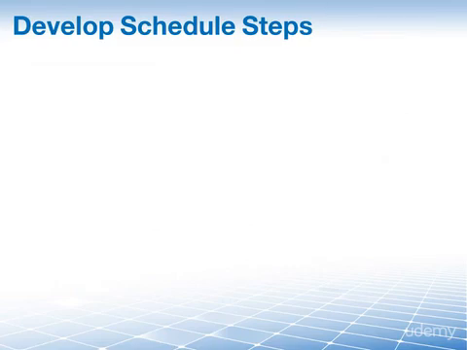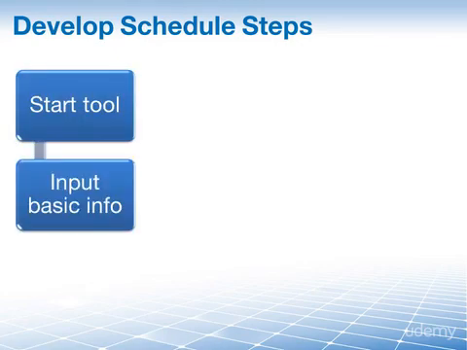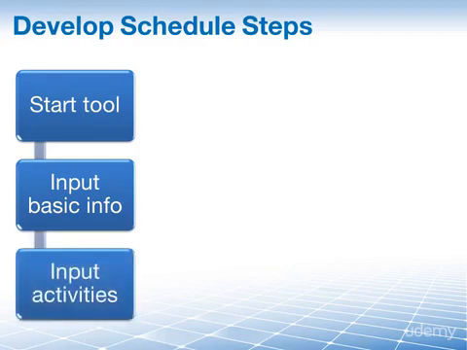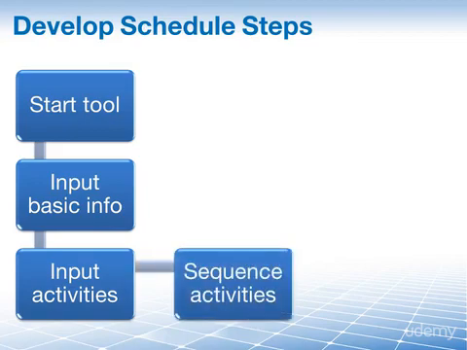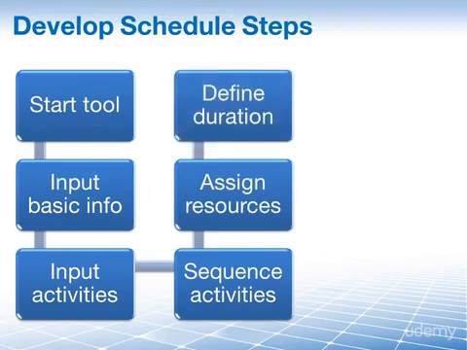And those were more or less the steps that you will have to perform as you are creating a project schedule. Let's review. You start the scheduling tool. You input the basic information into your scheduling tool. You input the activities into the scheduling tool. You put the activities into the correct sequence. You assign resources to each of these activities. You define the duration for each activity.